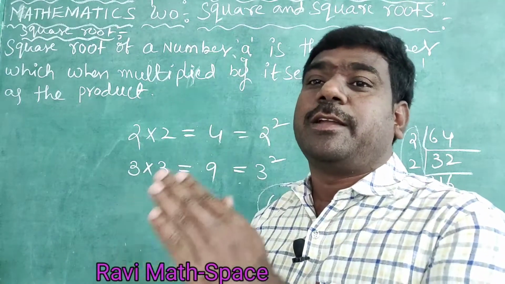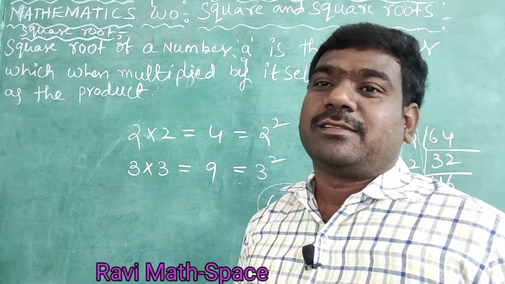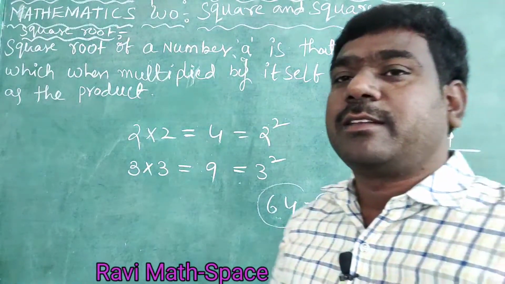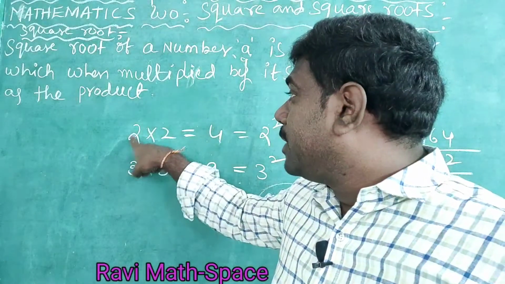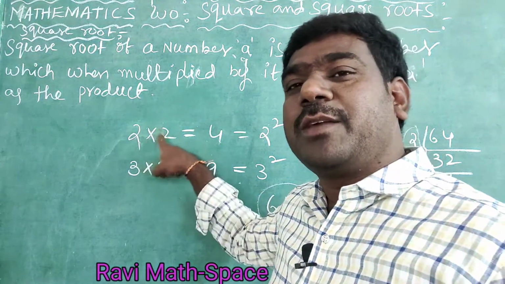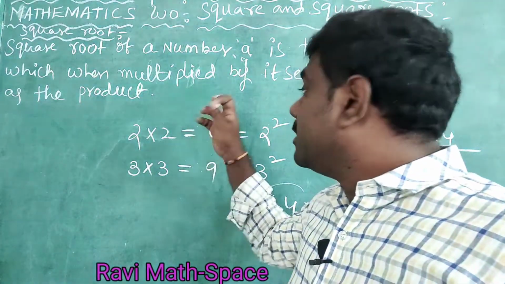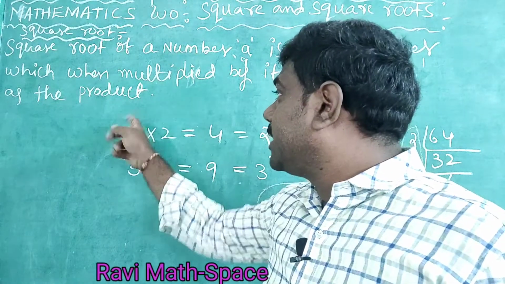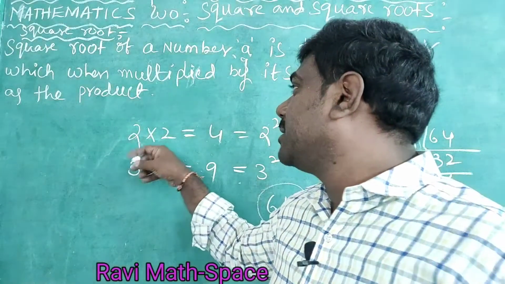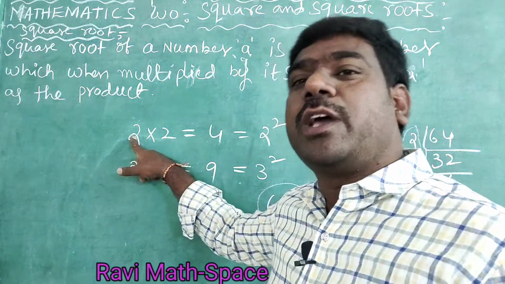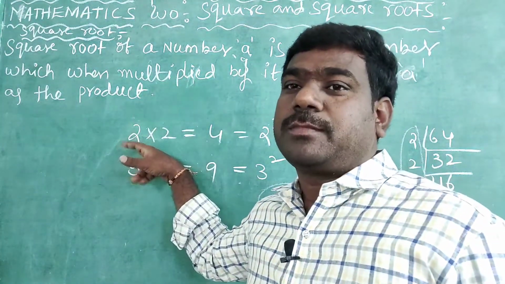Understand? So simply we can define square root this way. Meaning 2 is a square root of 4, and 4 is a square of 2. Like this we have to read.